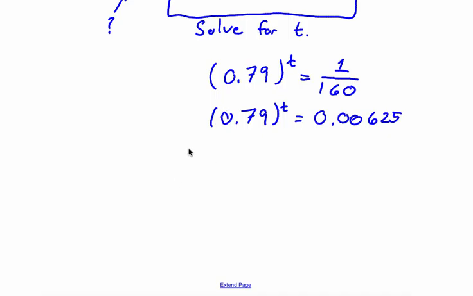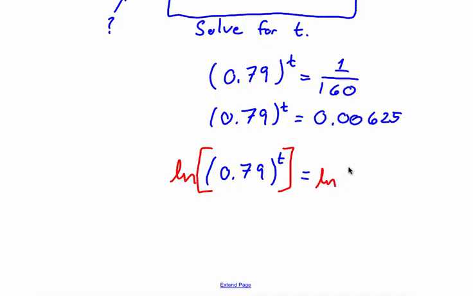All right. So now we're going to use a logarithm. So we're going to say natural log. And remember here, you can really use any log that you prefer, but natural log is easy to use, so I use it. So we're really saying the natural log of this quantity is equal to the natural log of that quantity, 0.00625.